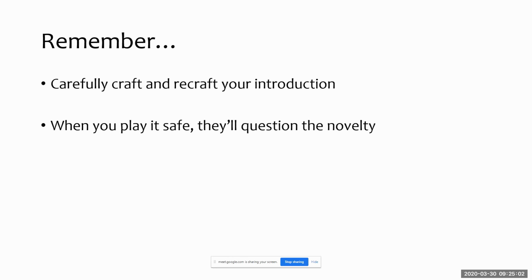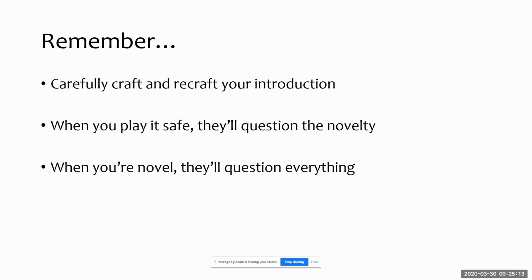Remember, if you are playing safe, like if you have a reference for everything and want to justify everything, people are going to question the novelty of your study, like what is new in this study. If you go novel, which means completely new, people will question everything. And this happens with a lot of us. So remember that you should strive for multiple unique elements.